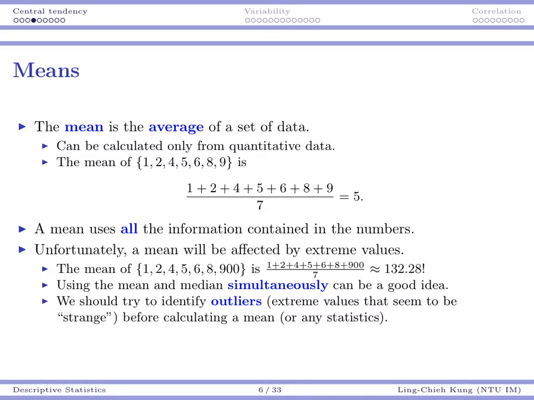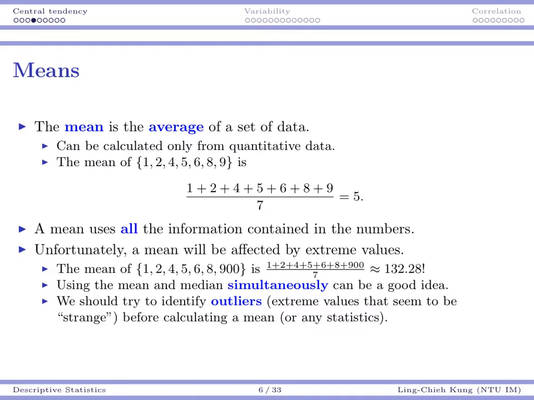In this case, all the information contained in these numbers is used. So that's probably why means or averages are used so widely in practice, because the calculation is simple and it uses all the information. Unfortunately, a mean will be affected by extreme values. Like if one number gets extremely larger, then the mean value will also get extremely larger.